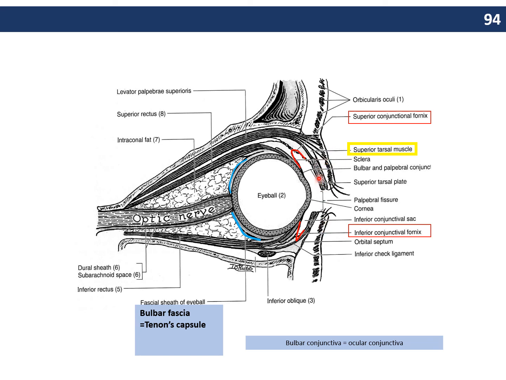The substance of that eyelid is made by this fibrous tarsal plate. There's a superior tarsal plate and an inferior tarsal plate. Those also contain glands that assist in the lubrication of the eyes and lipid secreting glands that help to prevent the tears from evaporating.